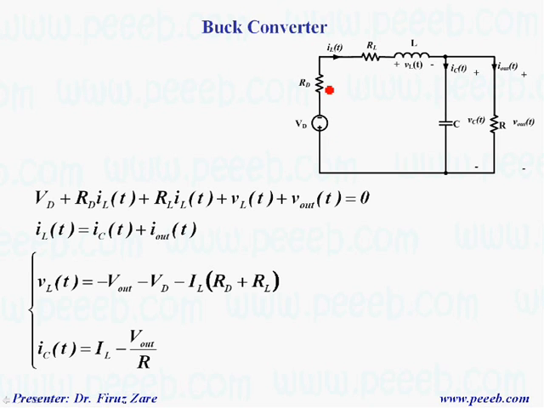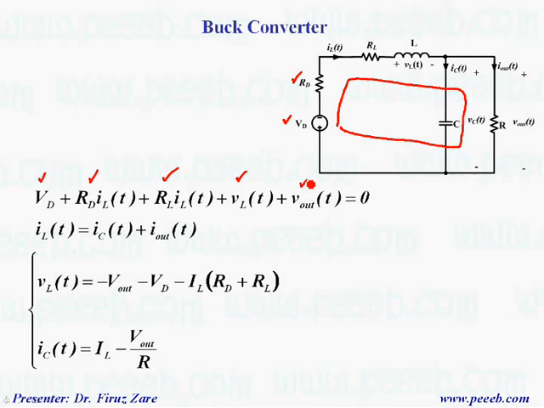When the switch is off, the diode conducts. In this case we consider the voltage drop across the diode and the internal resistor of the diode. According to this loop, we have the voltage drop across the diode plus the voltage drop across RD, RL, the voltage across the inductor, plus the voltage across the output.